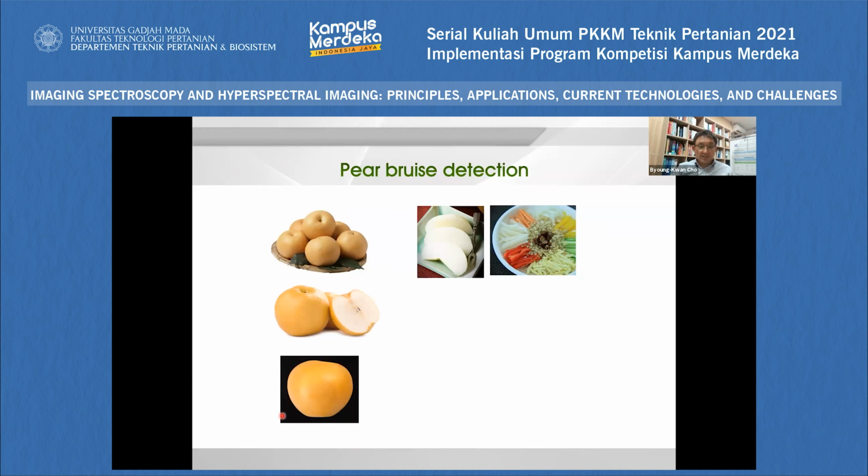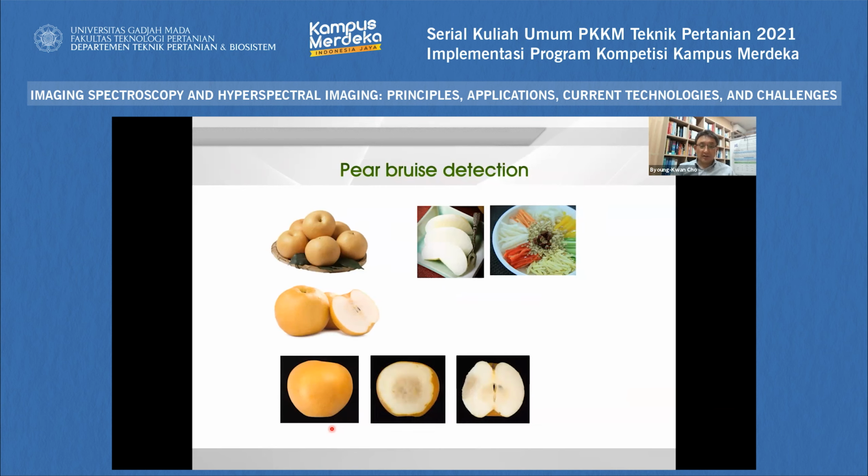So let's see this photo. This is a pear. Do you think it's good or bad? How do you think? Good. At a glance, I think it's okay, right? It's good. But after peeling the skin, there is a bruise area.